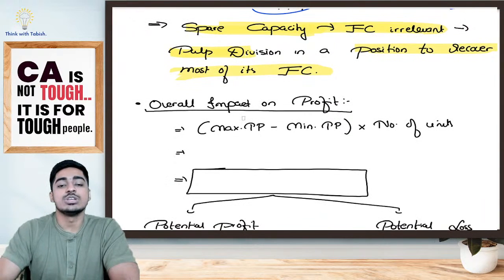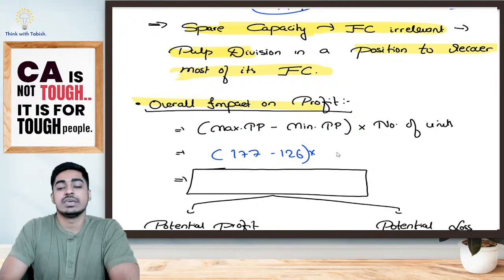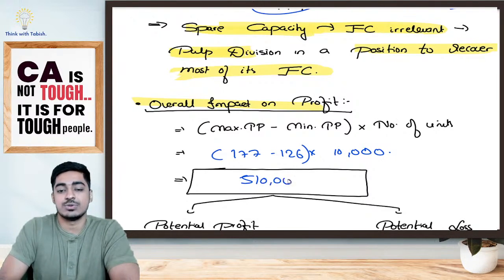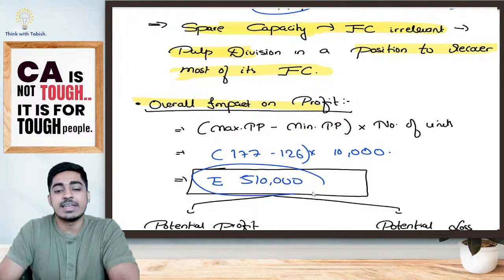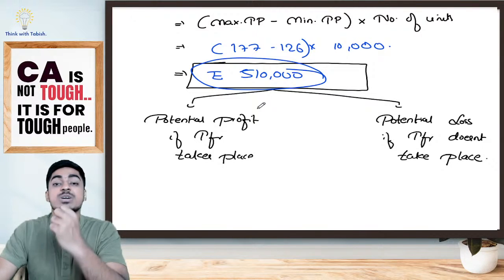Next, we have told what is the overall impact on the profit. It is maximum transfer price minus minimum transfer price, 177 minus 126 into 10,000 kg. So it is 5 lakh 10,000 rupees. What is this 5 lakh 10,000 rupees? We can look at it from two perspectives.